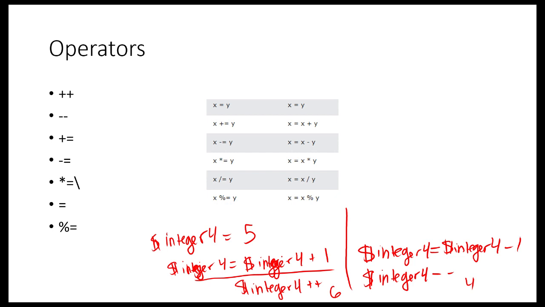And we've got a few more operators that make things simpler. So we can add two variables together with the plus equals, or we can subtract them, we can divide them, we can multiply them, we can, I should say slash, we can get the modulus as well.